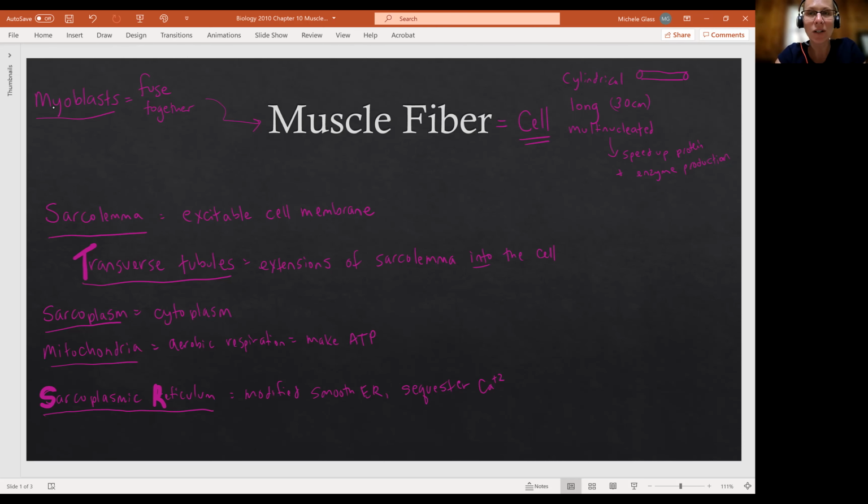And this term sequester, I like to define it as store and hide.